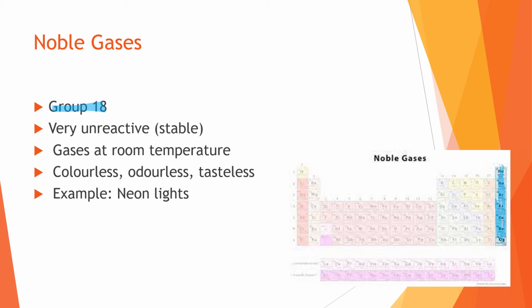So the noble gases have a valence orbit that's always full. And because it's always full, this causes them to be unreactive or stable because it's those electrons that take place in chemical reactions. They are gases at room temperature and colorless, odorless, tasteless, and an example would be neon lights. Neon is an element in the noble gases.